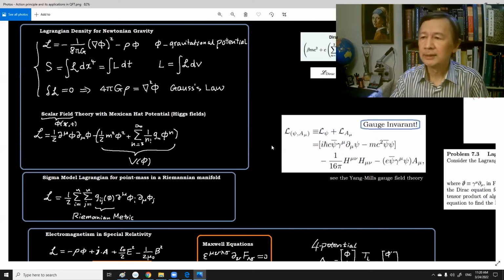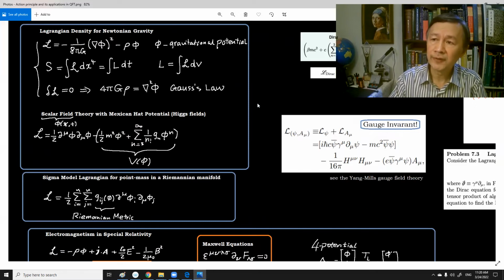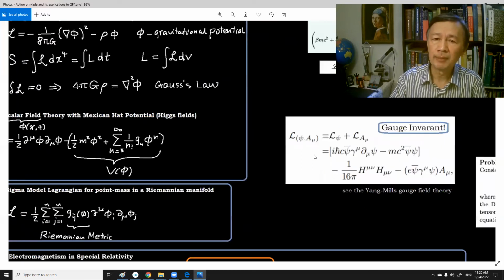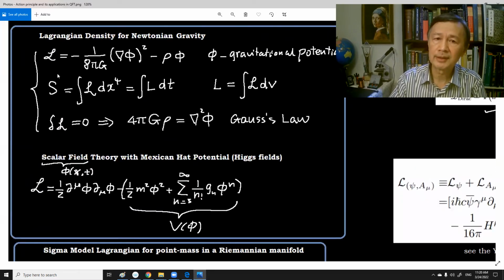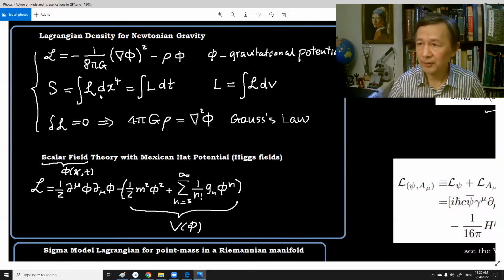Okay, another important development in electromagnetism is the discovery that the electrical field can be properly described by introducing a proper Lagrangian. So this is a Lagrangian in relation to the classical electrostatic field.